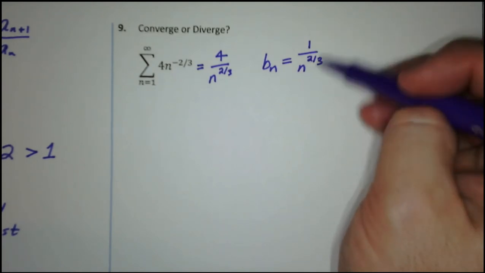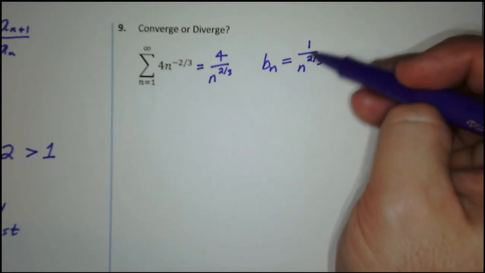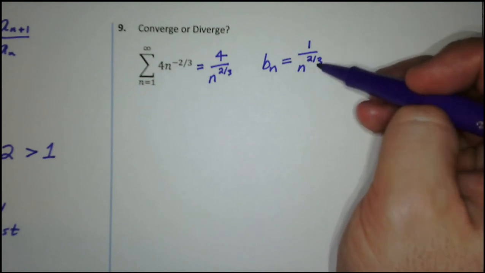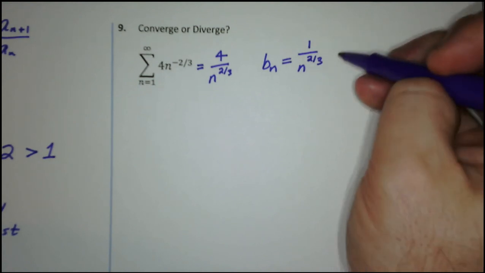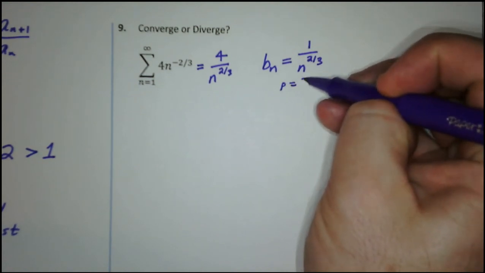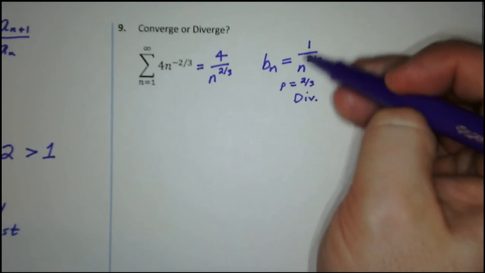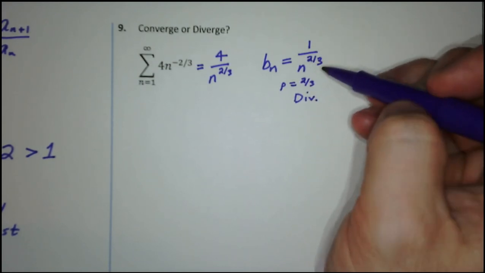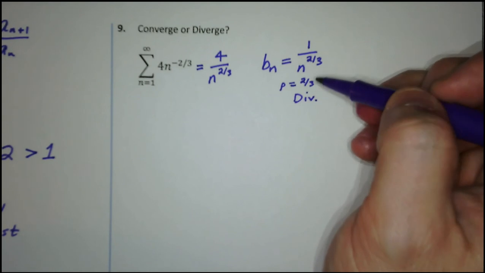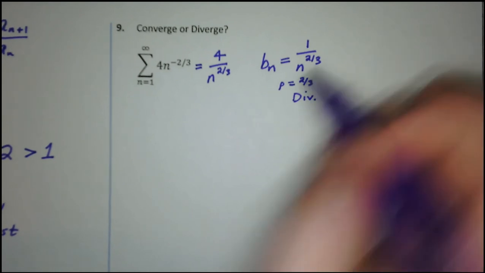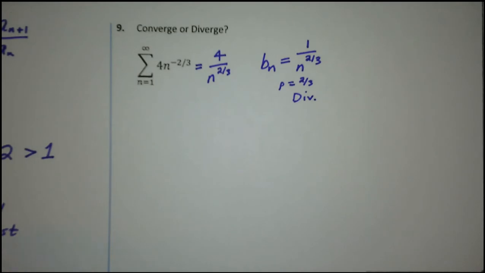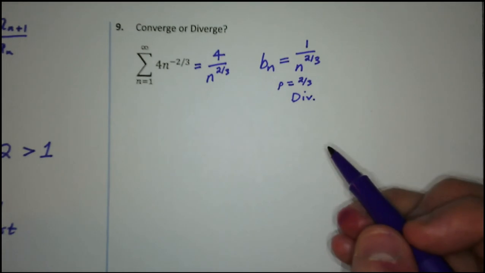So what is this series? Does it converge or diverge based on the p-series? Since your p-value is equal to 2/3, that means this is going to diverge. We could try a limit comparison, but let's do a direct comparison.